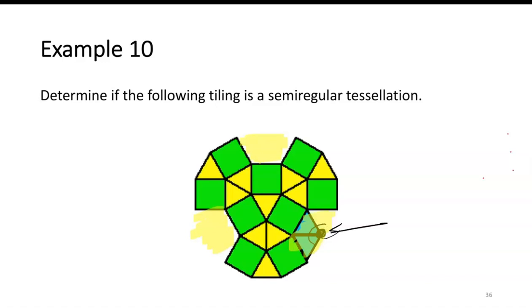So if we go back, for this vertex right here to work, we need 2 more triangles. So that's why I put those 2 there. For this vertex to work with the 3, 3, 4, 3, 4, I would need another triangle. So I added that. But doing so gives a problem with this vertex right here, because now we have 3 triangles in a row. So no, this is not a semiregular tessellation.